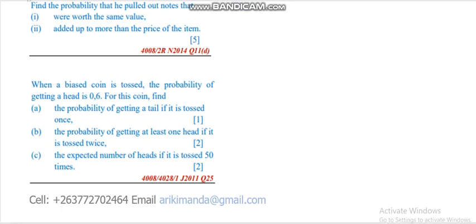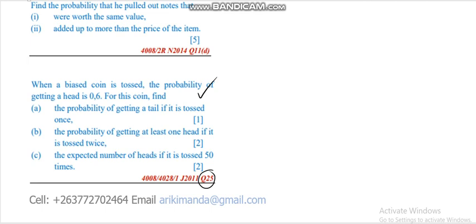The teacher has selected question number 25 of June 2011, Maths Paper 1. The teacher will read the question. It says, when a biased coin is tossed, the probability of getting a head is 0.6.